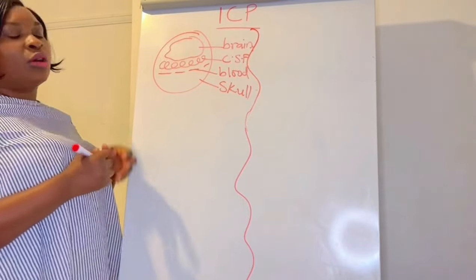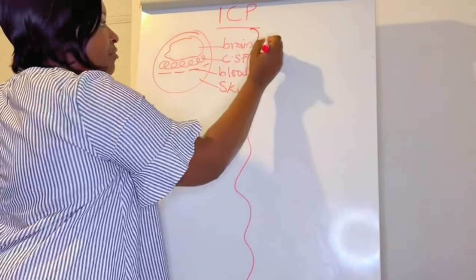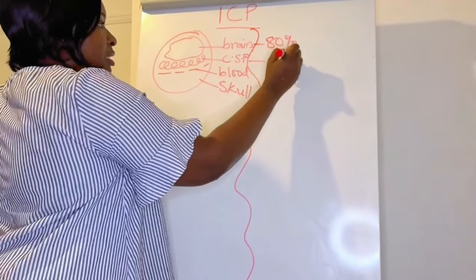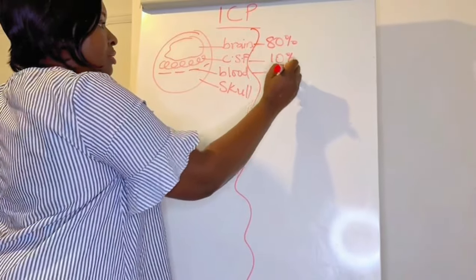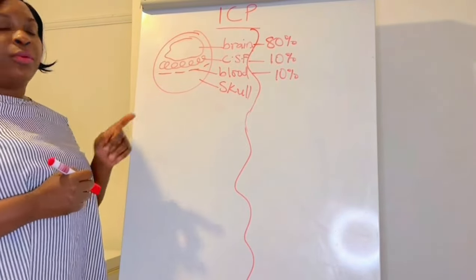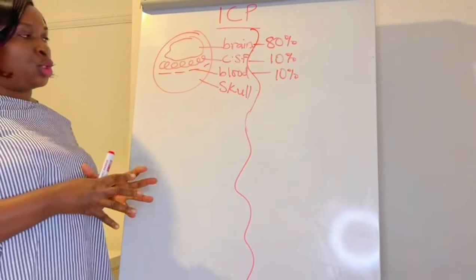You know that the cranium is rigid, it's not able to expand. So every component of the cranium has been given some proportion. Let's say we have the brain giving 80%, the CSF giving 10%, and the blood giving 10%. So for this individual to maintain the normal intracranial pressure, these components need to maintain their proportion.